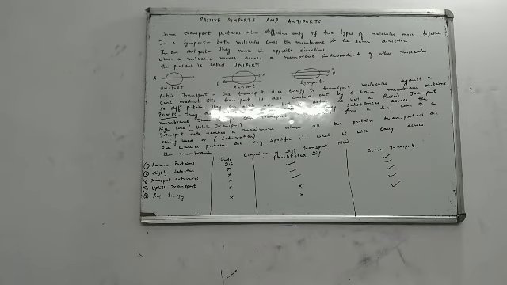If we compare the different transport mechanisms, basically we have done three. One was simple diffusion, second was facilitated diffusion, and the third is active transport. In simple diffusion, we normally travel short distances, no energy is involved, and no facilitators, no helping agents are needed.